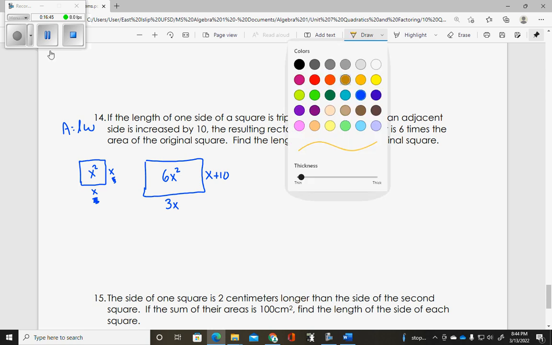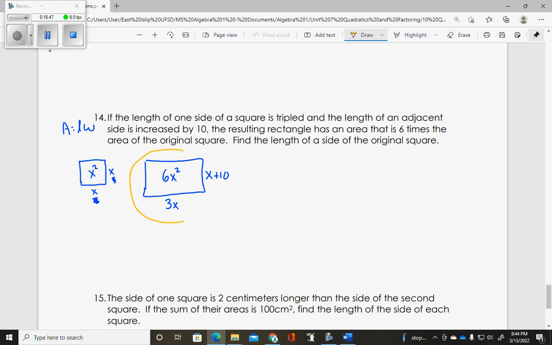Now I'm going to use that rectangle, these dimensions and that area, to write an equation. We know, again, we have to do length times width. So let's do 3x times x plus 10. That area will equal 6x squared. And now I can solve for x. So we'll distribute to get a 3x squared plus 30x equals 6x squared.